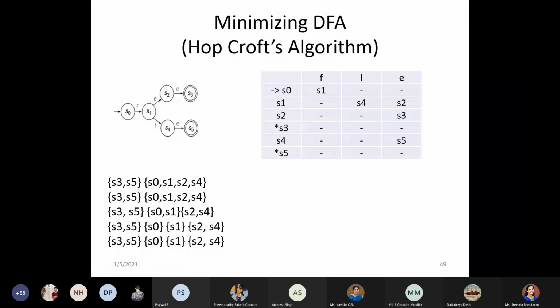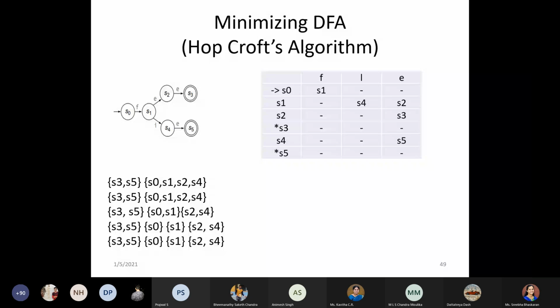So according to this, if we pick S3 and S5, then we have to go to the transition table and see the transitions. If in the previous state they belong to the same group, then we can say that those two states will go together. If in the transition table the two states go to different groups, then we have to split those two.